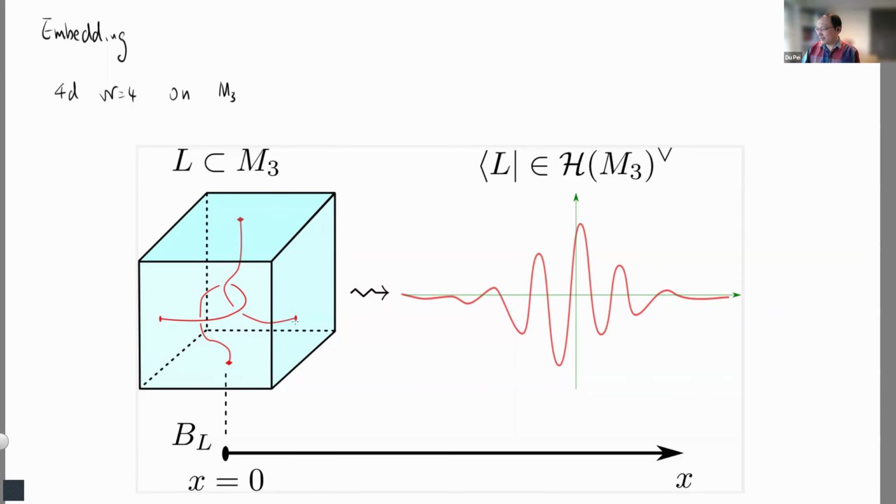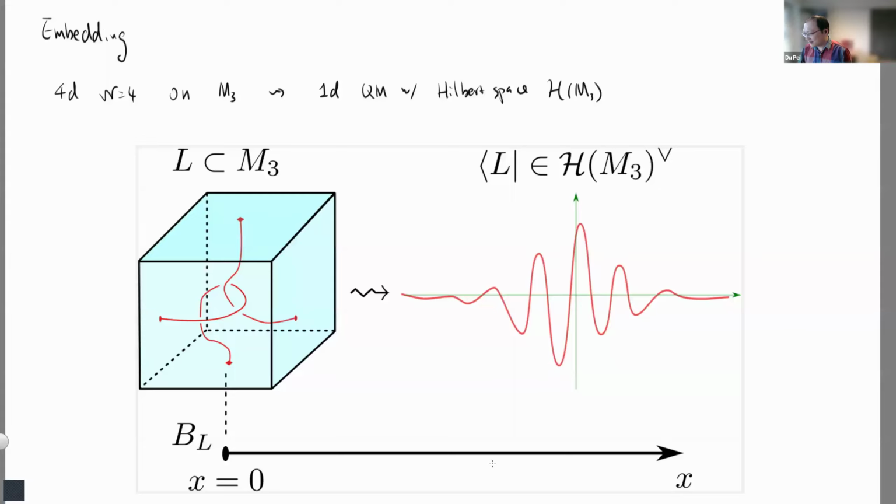So that has a Hilbert space. One can view this as a 1D quantum mechanics with a Hilbert space now labeled by M3.